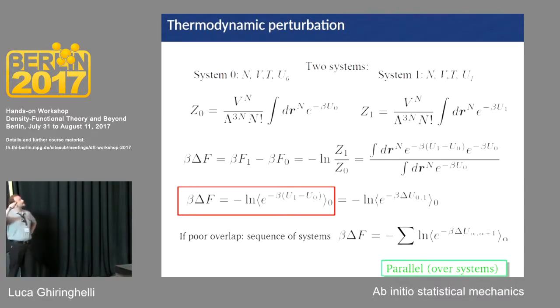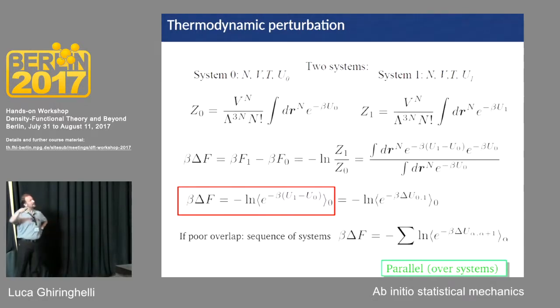So let's say we have system 0 and system 1, and you write the partition function for both. As you see, the momenta are factored out, and you have the potential energy 0 and potential energy 1. The difference in free energy is related to the logarithm of the ratio of the partition functions. So in this thing here, where already there is e^(-beta U0), e^(+beta U0), there is the multiplication by 1.